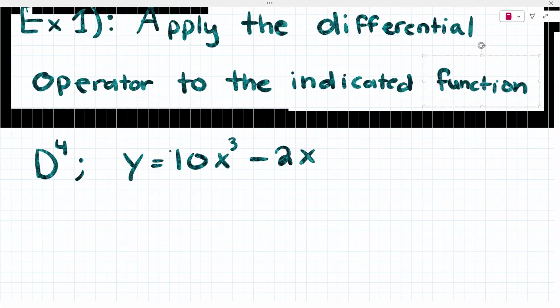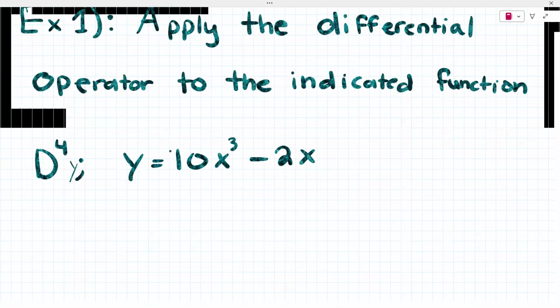D fourth y is the same thing as the fourth derivative. So what we're going to do is multiply y by d to the fourth. We don't know what d to the fourth is, but we do know what y is, which is 10x cubed minus 2x.